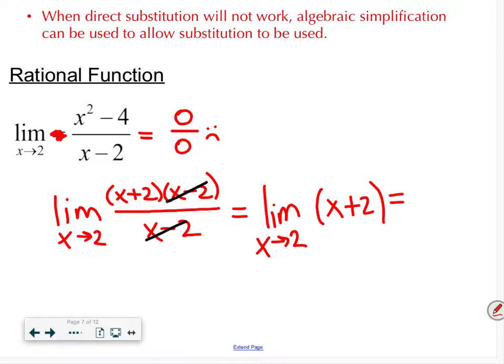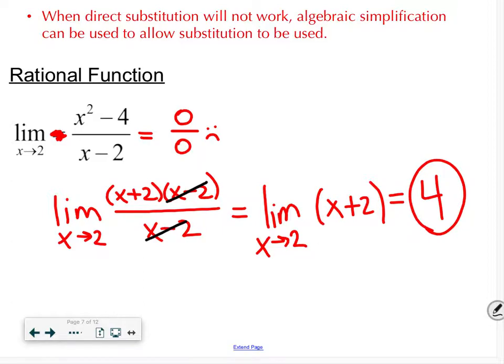What's our limit? Our limit is 4. Okay? So just because we get a 0 in the denominator doesn't mean we have to stop. If you get 0 over 0, there is some algebra that you're going to be able to do. Go ahead, and in this case, we could factor and cross out.